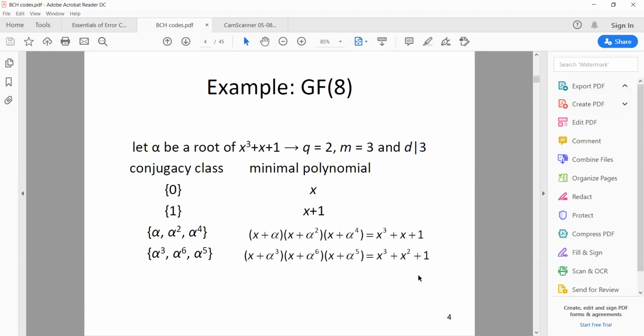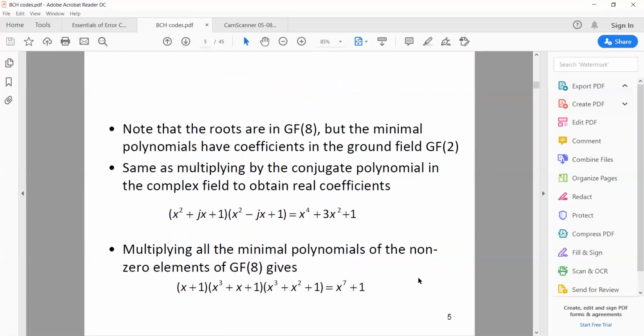By multiplying these, we get x to the power 7 plus 1. That means x plus 1, x cube plus x plus 1, and x cube plus x square plus 1, when multiplied, become x to the power 7 plus 1. These are the factors, or you can say the factor polynomials, of x to the power 7 plus 1.